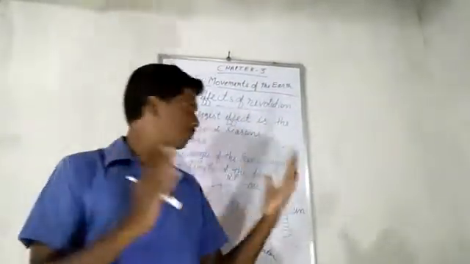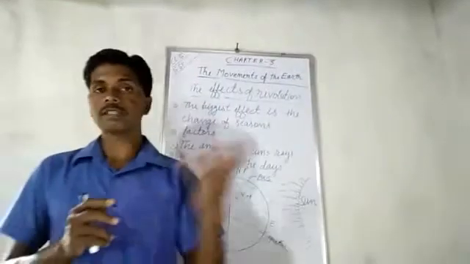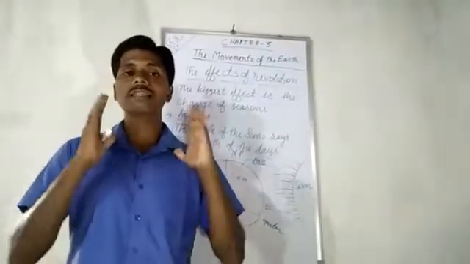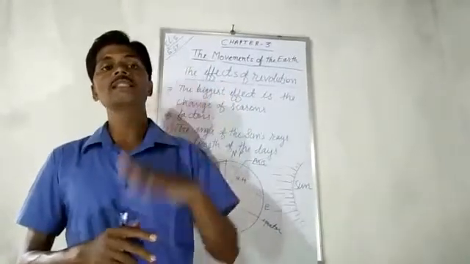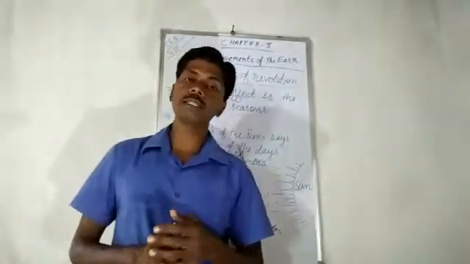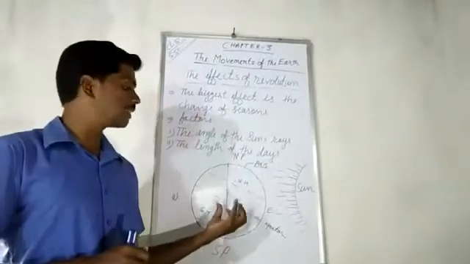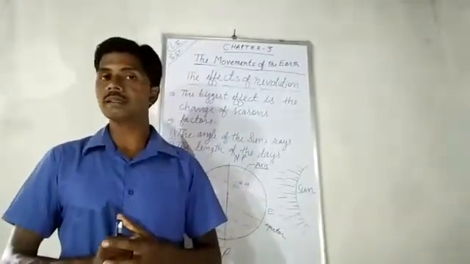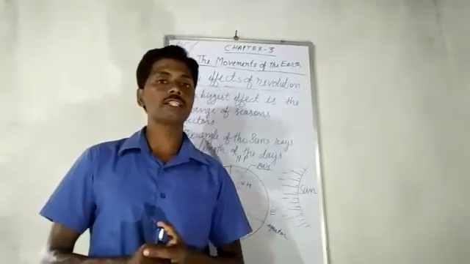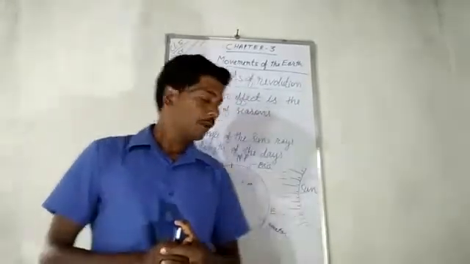When the sun rays fall on the earth, they fall parallel to each other, but when they reach the surface of the globe, they are not parallel to each other.